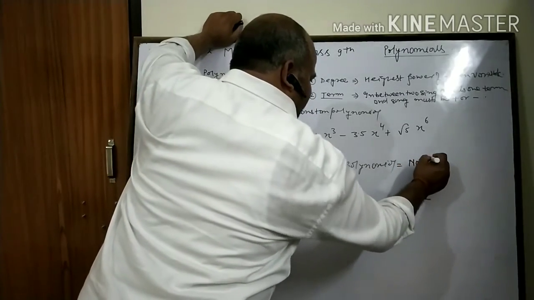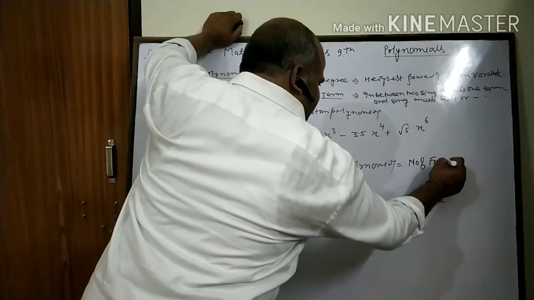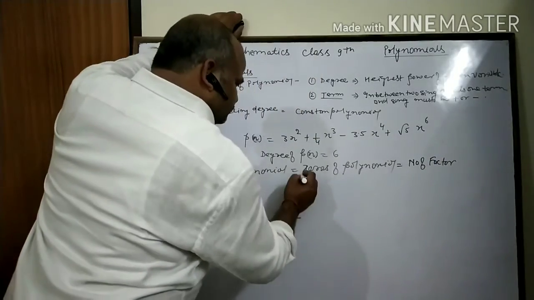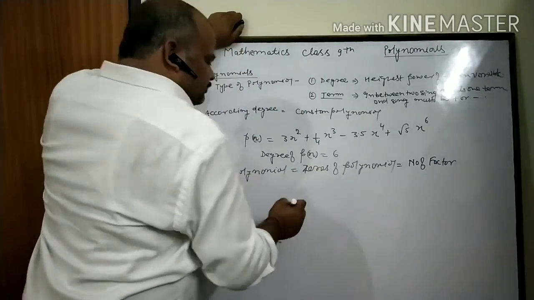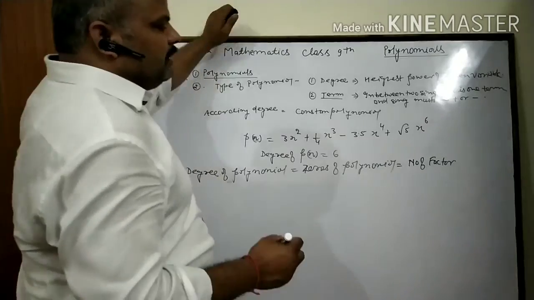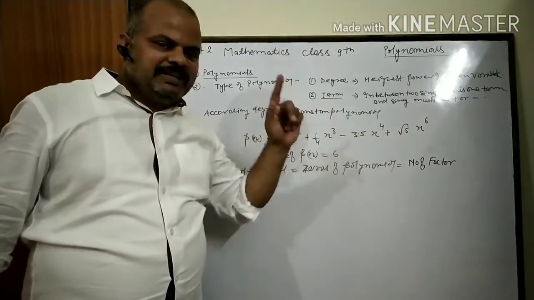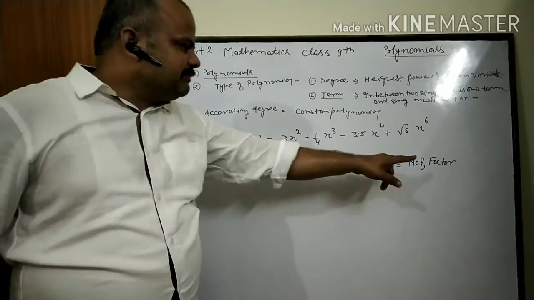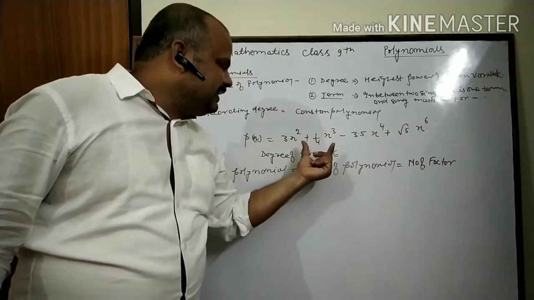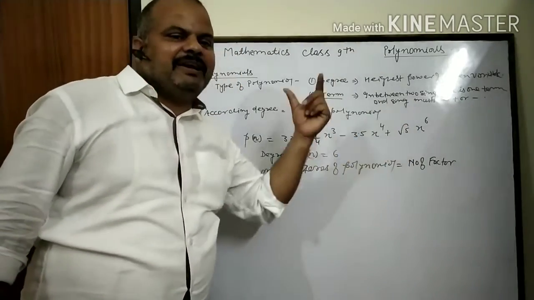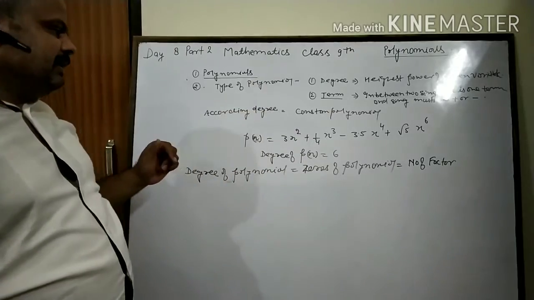Number of factor means this polynomial has 6 degree. Clear? That's why if you can factorize it, then you get 6 factors of the polynomial p(x). Clear?